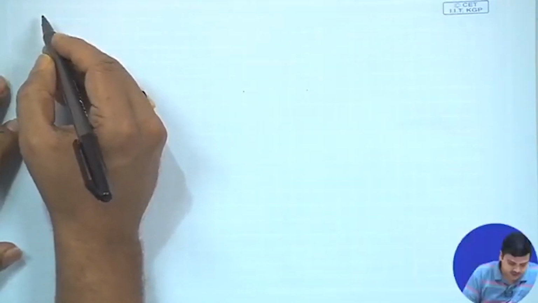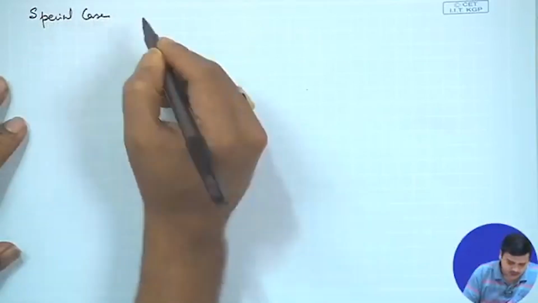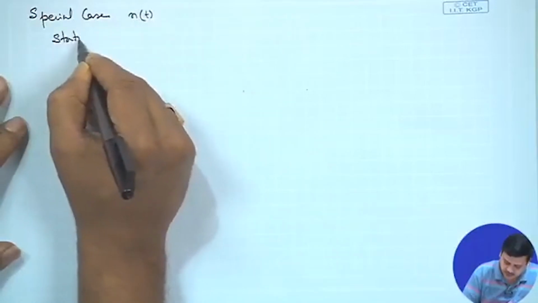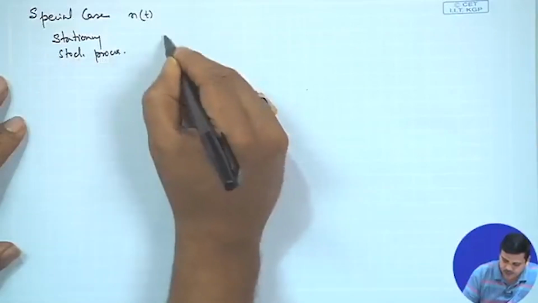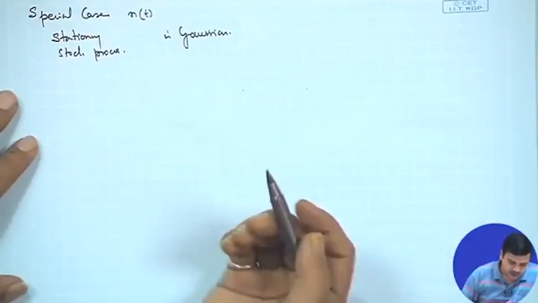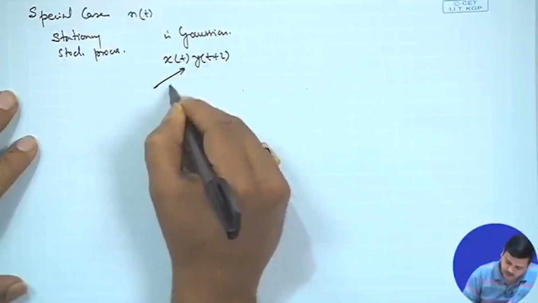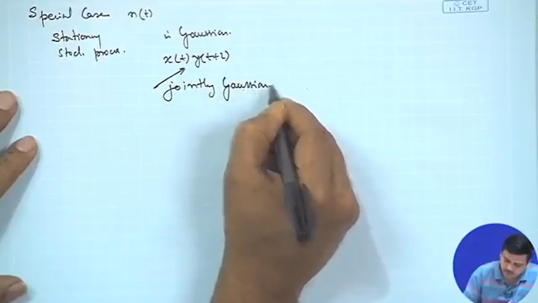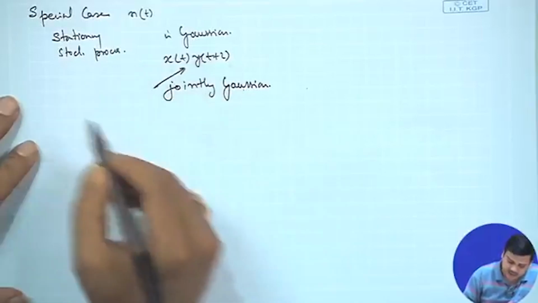In the special case where the process n of t, the stationary stochastic process, is Gaussian, we take x of t and y of t plus tau to be jointly Gaussian, and that means they will be statistically independent.